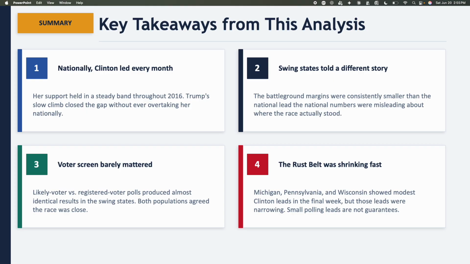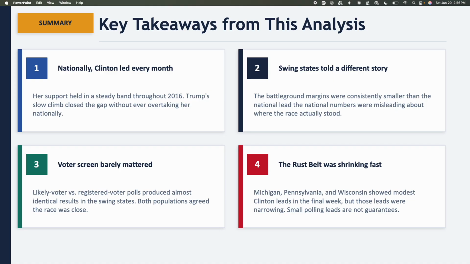The battleground margins were consistently tighter than the national lead, which was misleading to anyone just watching the headline numbers. Three: the voter screen barely mattered, because likely voters and registered voters polls gave almost identical results in the swing states. So that's not where the polling error came from.